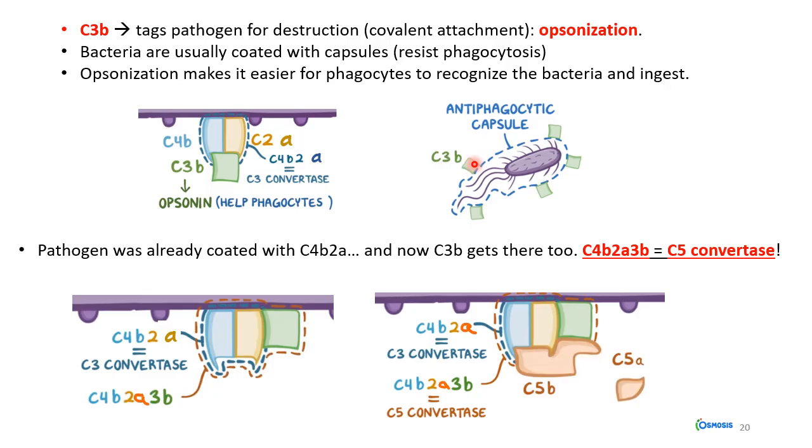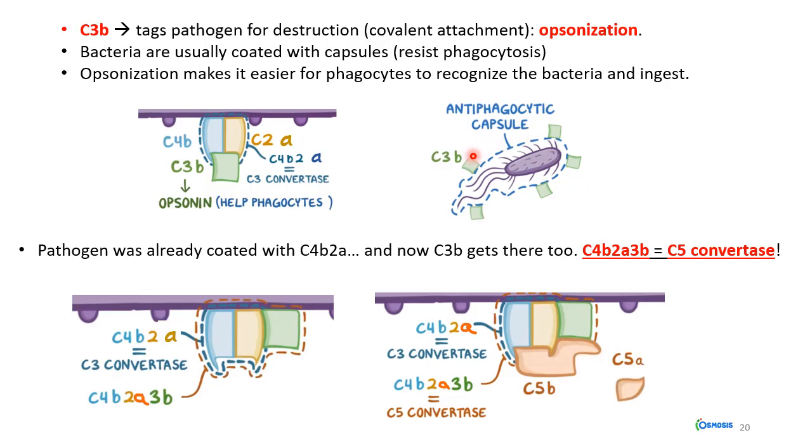Some bacteria, including gram-negative bacteria, have an extra membrane to them. They like to hide from phagocytes. If they are hiding and getting away with things, they can really make an infection go really bad. But if they are tagged by C3b, they can't really hide that much.